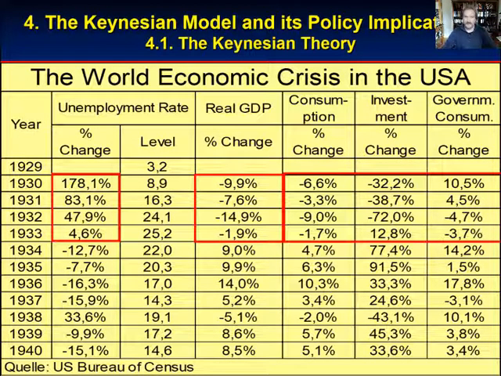A closer look at consumption and investment demand shows that the prediction of the neoclassical model did not work. The neoclassical model predicts that a reduction of household consumption should lead to an increase in savings, which should then reduce the interest rate such that demand for investment goods should grow and replace the reduction in consumption, such that total demand stays constant.